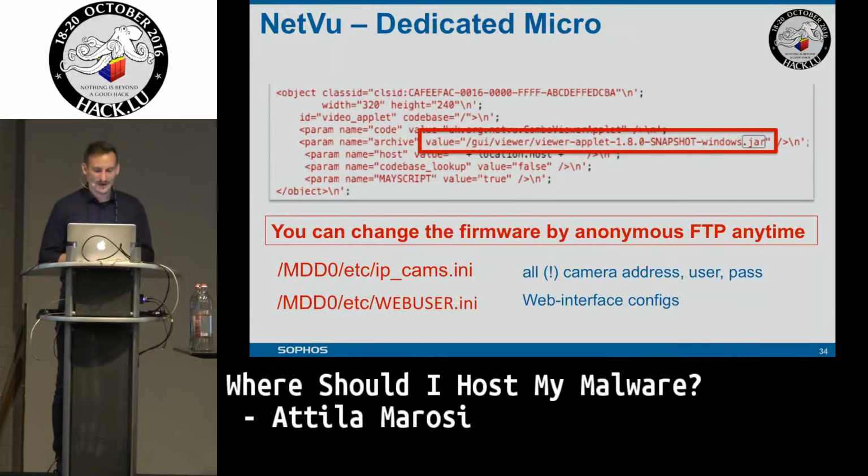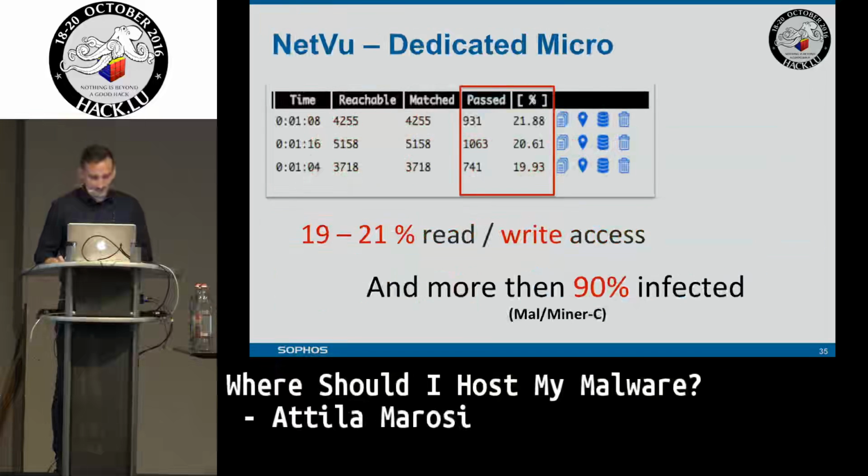using anonymous access. So if you would like to change something on the device, like the video viewer application, the applet, or you just would like to download all the camera credentials or web configurations or something, you can easily do that, because they use one folder for everything, and you can reach it by anonymous access.